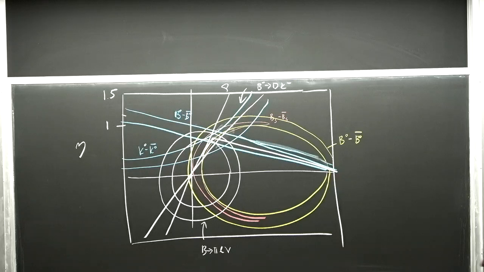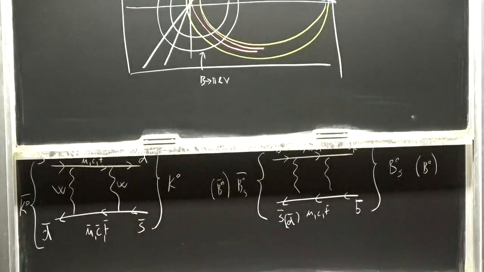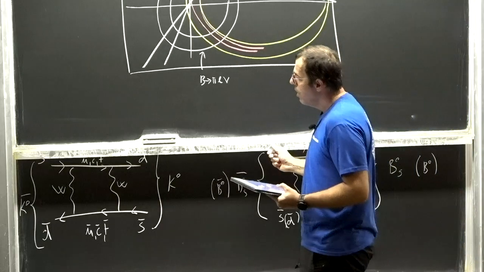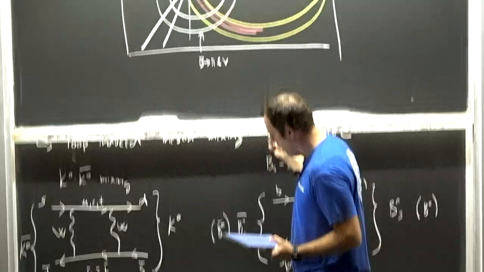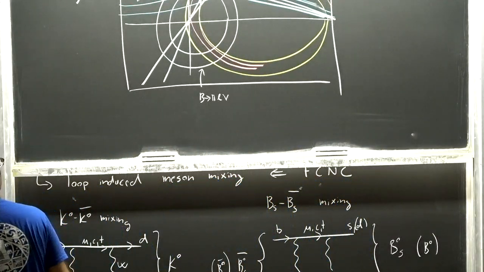Only the first two, the loop level processes versus tree level processes, right? So it's really quite a striking test. Not surprisingly, there was a Nobel Prize awarded to Kobayashi and Maskawa.